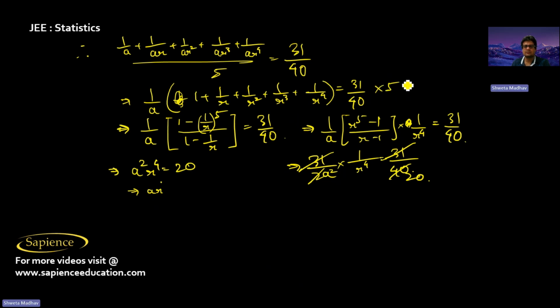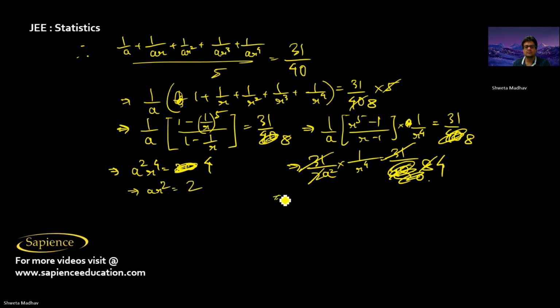So this into 5 will be 31 by 8, 31 by 8 actually, so 2 4 is 8. So it means here a square upon 4 is equal to 4. So ar square will be equal to 2. ar square is 2. So therefore, a I can say it is 2 by r square.